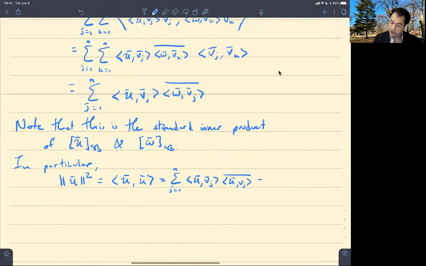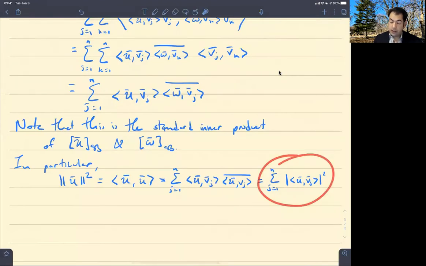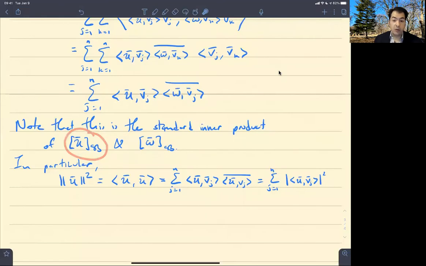That's equal to the modulus squared of the complex number. Okay, so this is the usual norm of a vector in F^n, right? So you start with your vector u, you represent it with respect to an orthonormal basis, and then its length is just the same as the length of that vector with respect to the standard inner product. Okay.